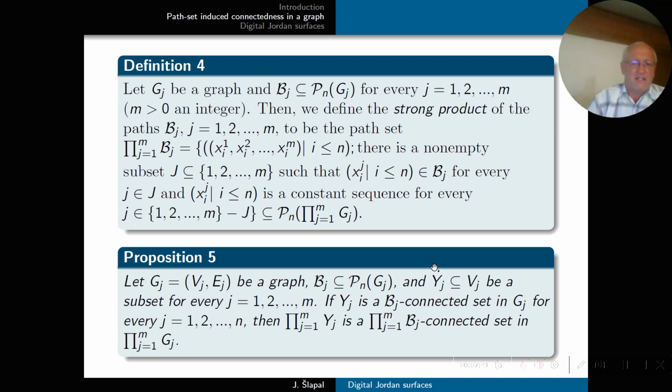So in fact, this strong product is closed under connectedness. This is why we define these two concepts.